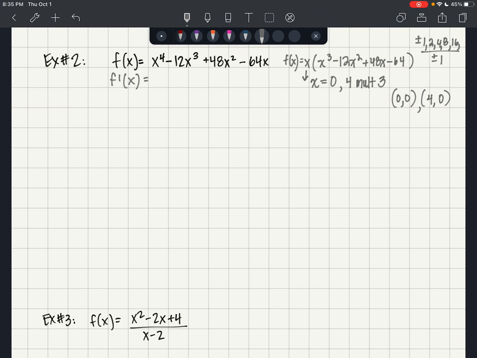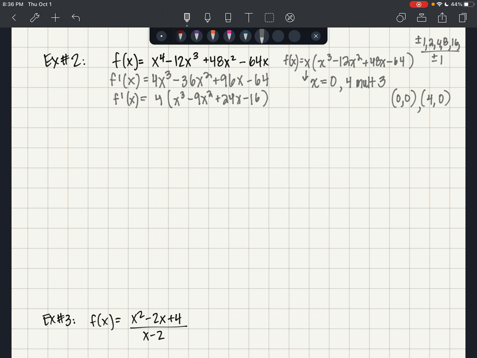Our first derivative is going to help us determine our increasing and decreasing intervals. So I'm going to take that first derivative, 4x cubed minus 36x squared plus 96x minus 64. I'm going to factor it, and I get 4 times x cubed minus 9x squared plus 24x minus 16.